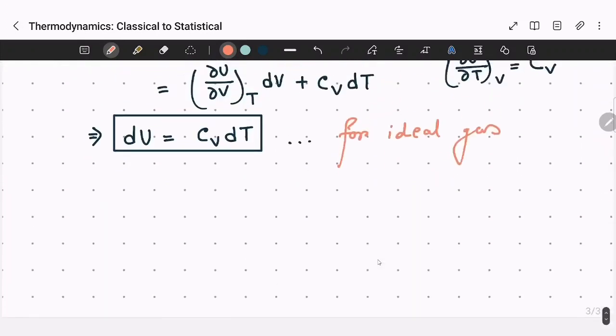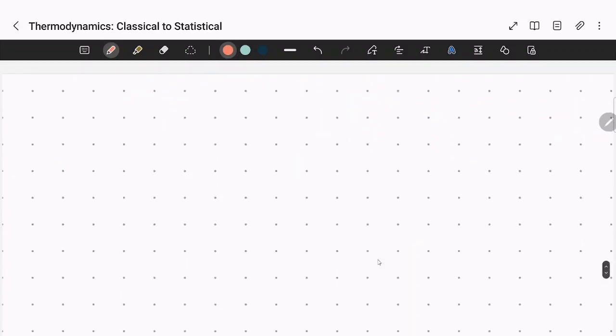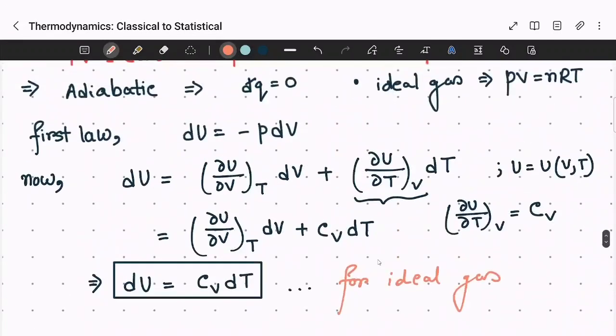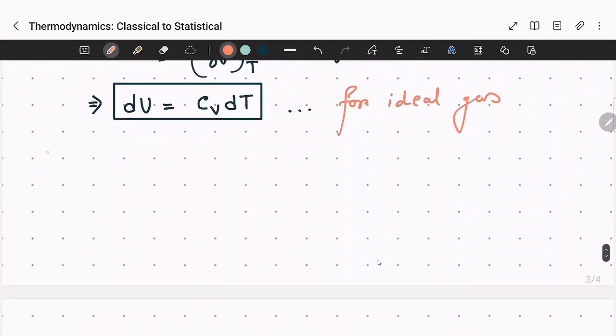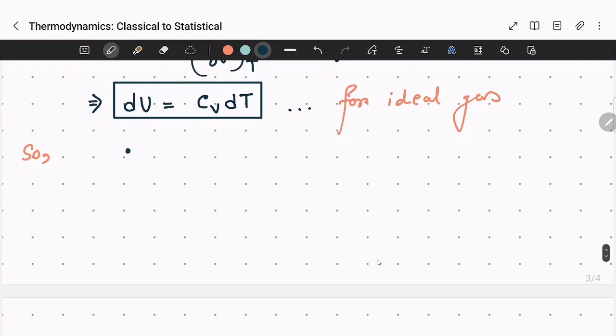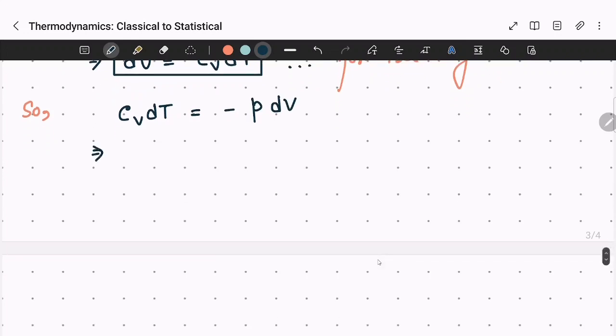Now, if you plug that equation in, we get Cv dT equals minus PdV. Clear? Now, we will integrate it from V1 to V2, and T1 to T2.